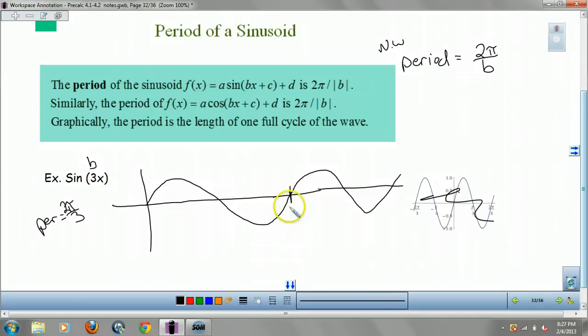Now instead of this being 2 pi, this is going to be 2 pi over 3. And instead of this being pi, it's going to be pi over 3, because we're dividing that by 3 too. That's it. That's the big stuff, guys.